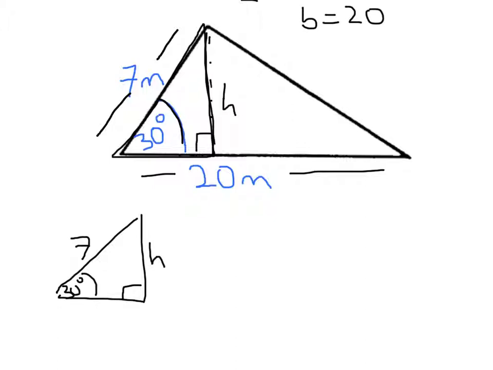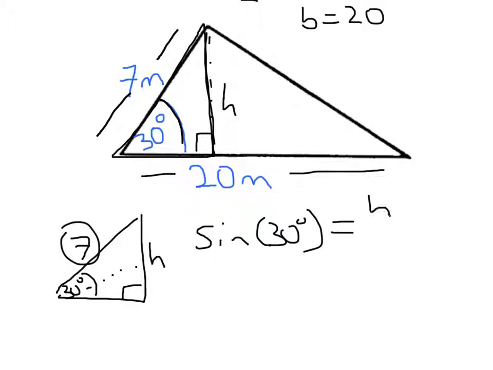So what we can do, we can use our sine rule, because we know this is the opposite and this is the hypotenuse, and we can write sine of 30 degrees equals h over 7, because you know from your SOHCAHTOA that sine is opposite over hypotenuse. Don't get confused with the h for hypotenuse and the h in this case meaning height.